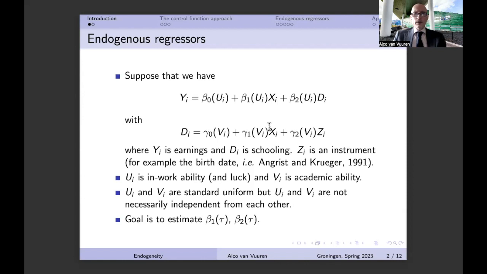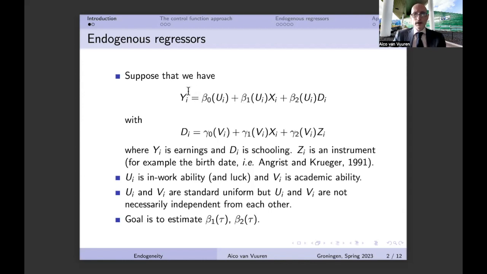Well, in order to give you some idea of what we could do in this particular case, it's always good to think of an example. And the example that we're going to have is again exactly the same as the example that I have already given you a couple of times before. We're going to look at the relationship between log hourly wages and the education level of individuals.